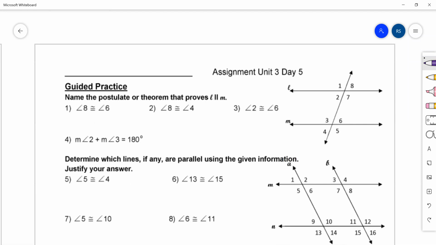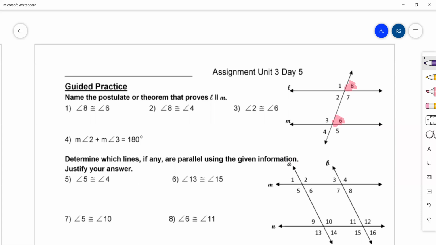So on the first four, we have to name why these lines are parallel. They tell us first that 8 is congruent to 6. The way we name which ones are parallel is basically saying what relationship they have.